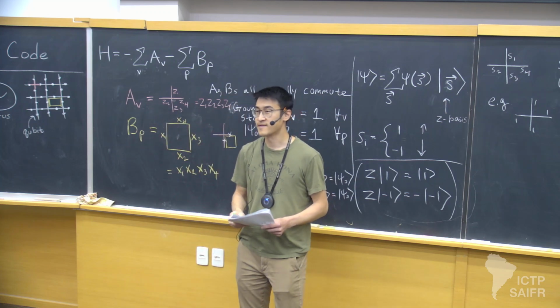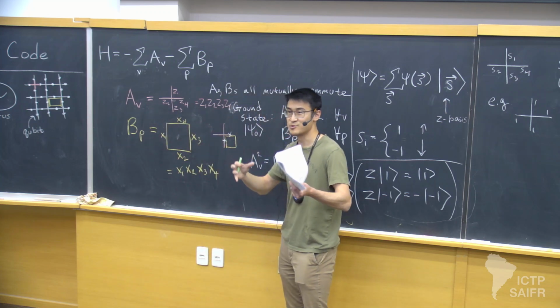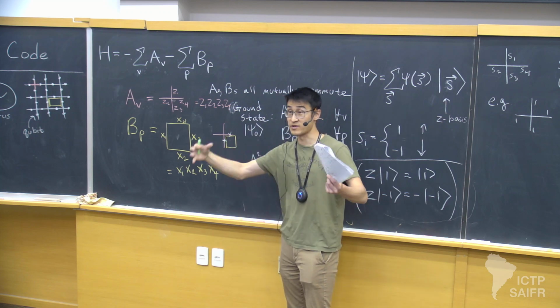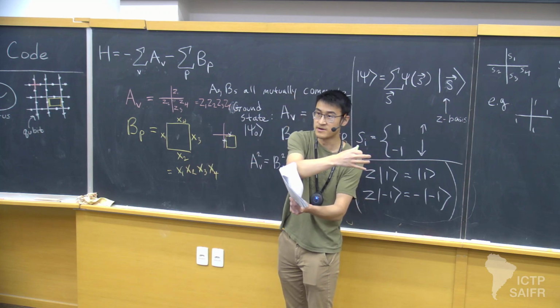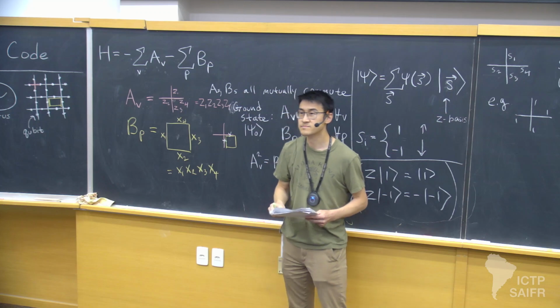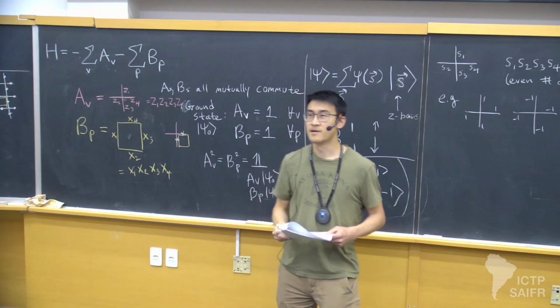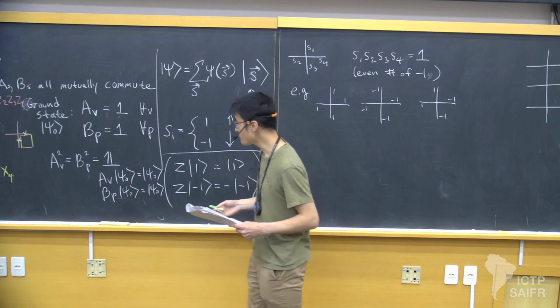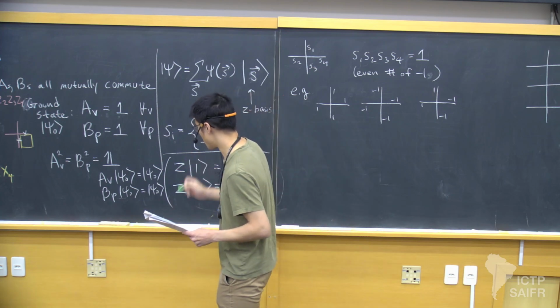When they overlap in pairs, they commute with each other because you get two minus signs as you bring an operator past the other one.